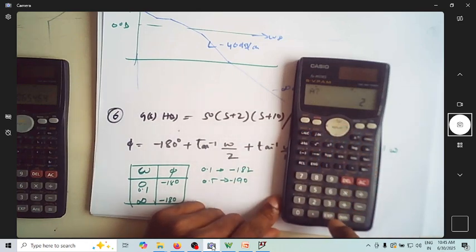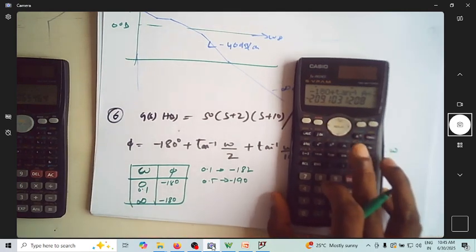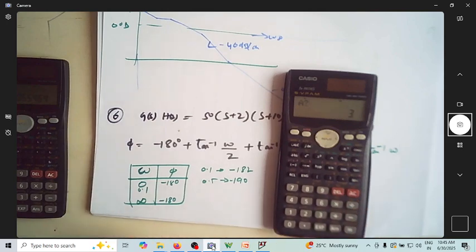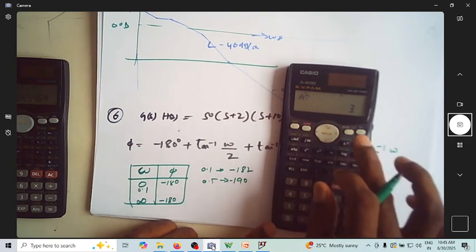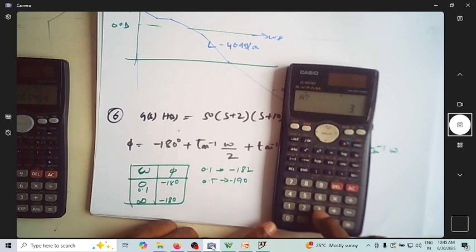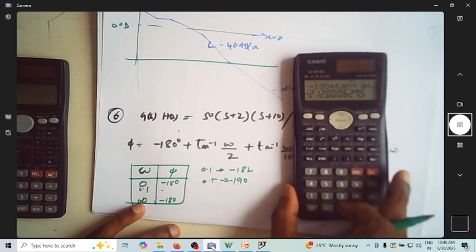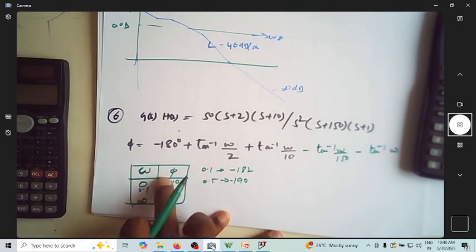Around 3, it is this. When I calculate for 5, you can see this is always going negative. It keeps going negative, so this is always negative.